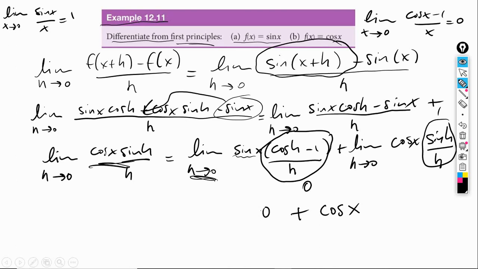Therefore, we have the final outcome: the derivative of sine of x is cosine of x. So you're left with part B, and in part B, you should find that the derivative of cosine is negative sine of x.